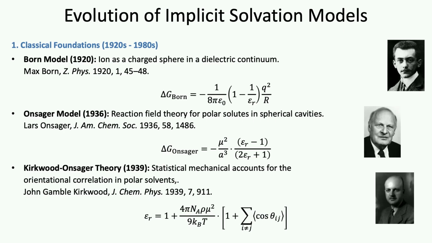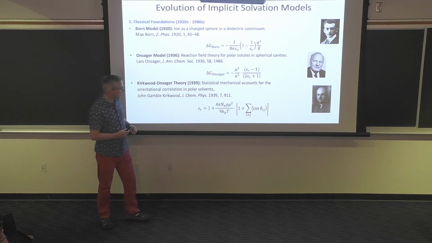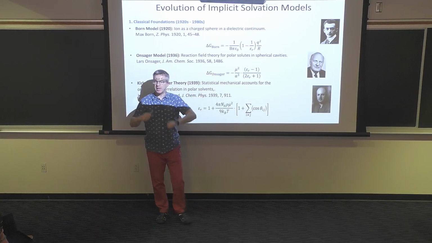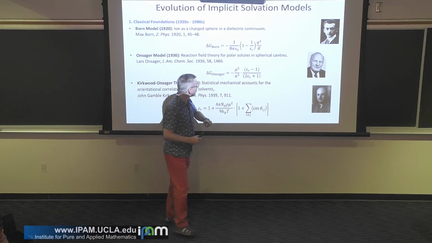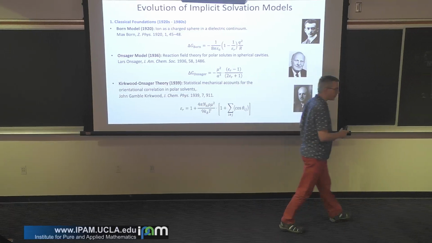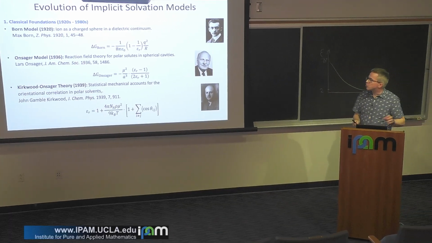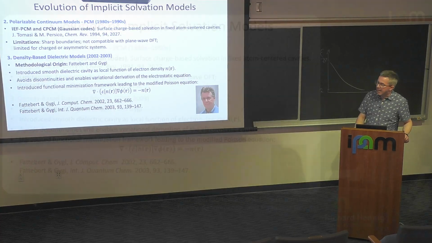Kirkwood modified that further by accounting for the orientational correlations in those polar solvents, and then he gets the average of the cosine theta ij between neighboring dipoles as well. Other than that, you already see the same mu squared equation in there. So those are the first 20 years of implicit solvation models. Relatively rapid progress with very fundamental stuff, but then there was a sizable gap.